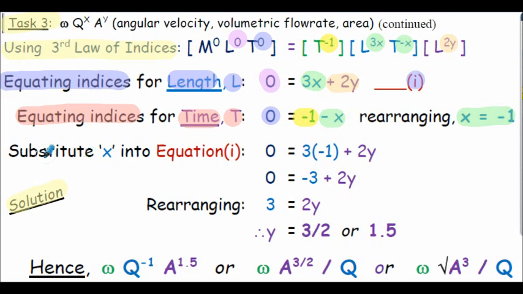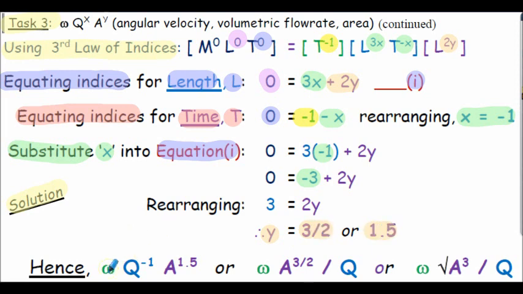Now we can substitute the value of x into equation 1, labelled above. Here's the value of x, -1. 3 times -1 will be -3. And add in 3 to both sides and then dividing by 2. Y is equal to 3 divided by 2, or in decimal 1.5.